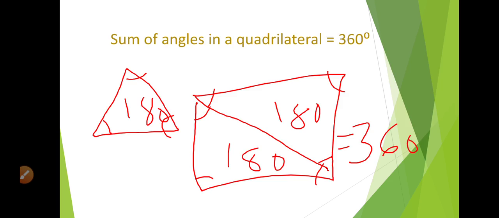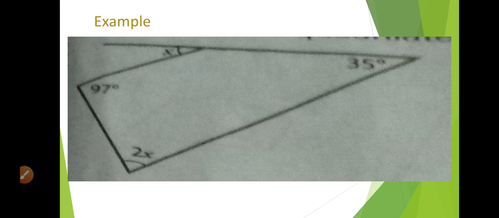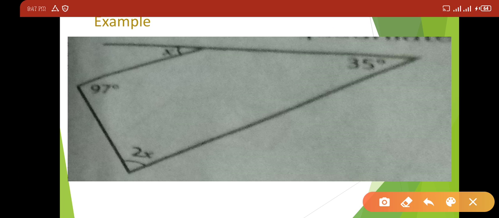So now let's proceed. Now we are to solve the example in this question that has to do with a quadrilateral. If you look closely, this is a straight line, and from that straight line there is an angle formed, which is the angle formed from this quadrilateral.